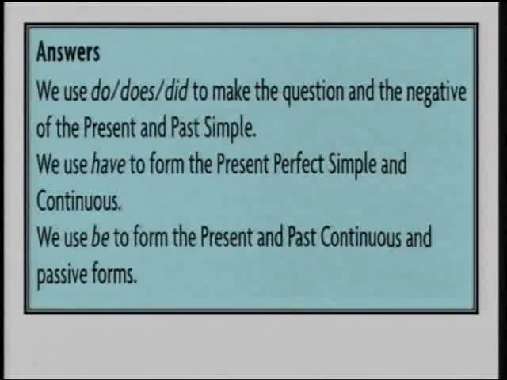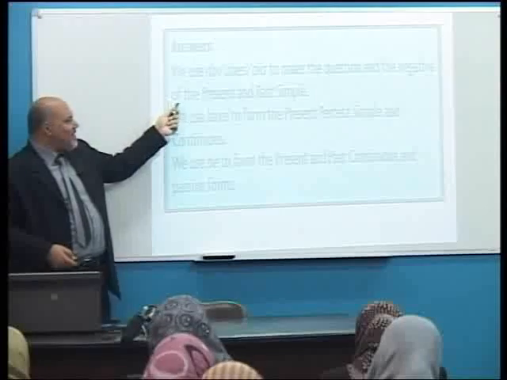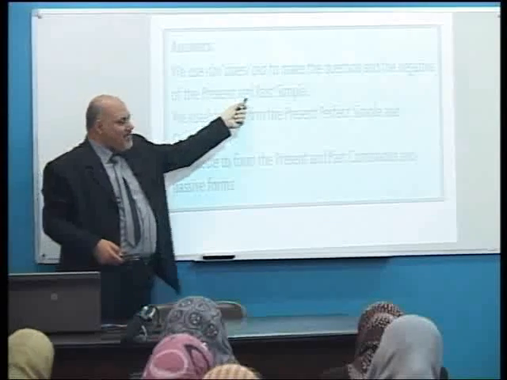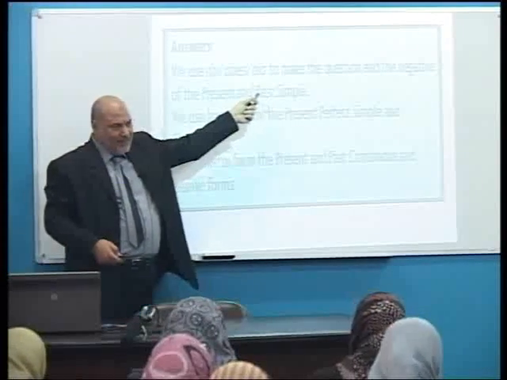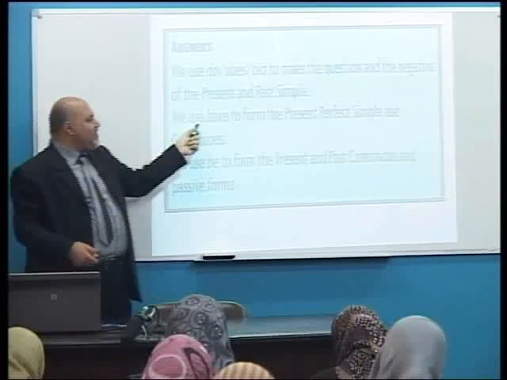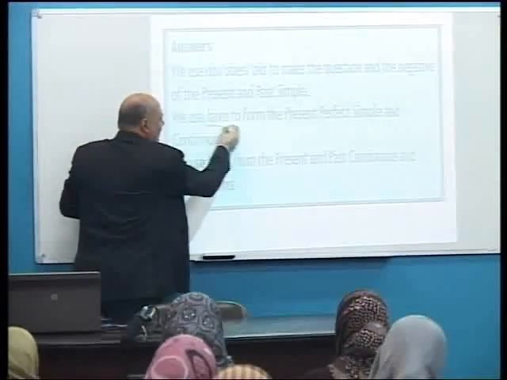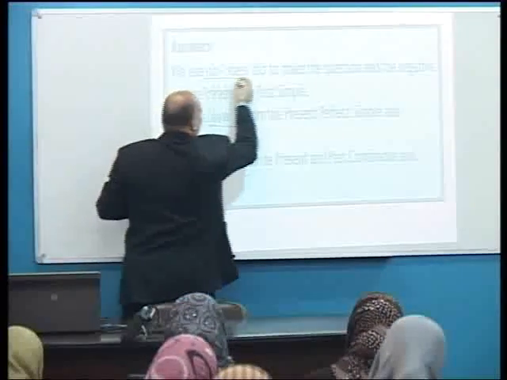Now, don't forget that in the answers of the previous exercise, we use do, does, did to make the question and the negative. This is for the present and the past simple. The second answer, we use have, and here do.